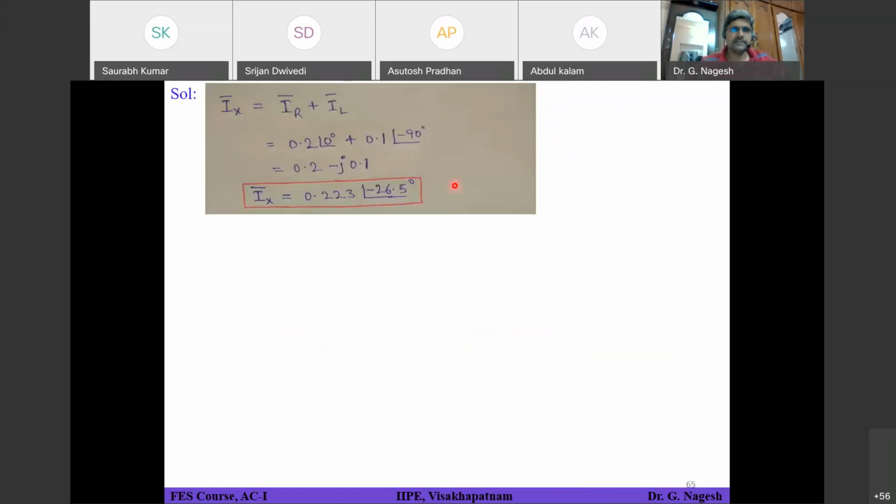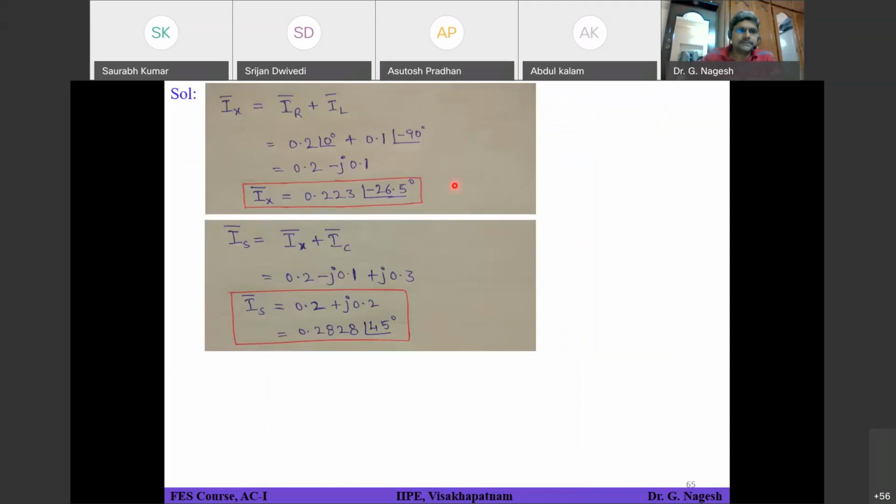That means they are asking the angle difference basically. IS will be IX plus IC, so you have to calculate this also. I have done that and I got IS equal to 0.2828 at an angle of 45 degrees.